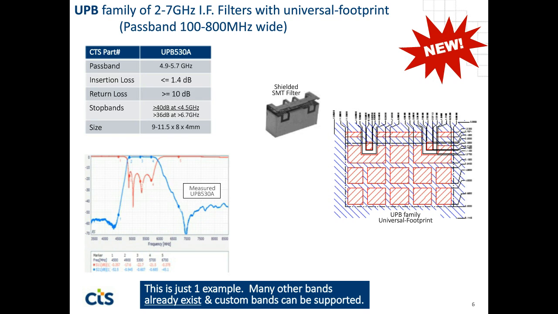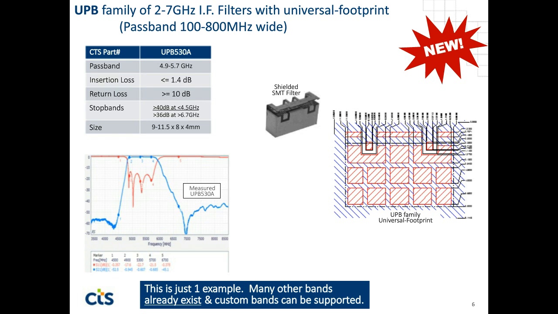But we've extended this family to go all the way up to 7 gigahertz. And if you have an IF frequency that's somewhere in that, say, 2 to 7 gigahertz band, then this is likely a suitable IF filter family for these applications. And we can customize this for any IF requirements you have.